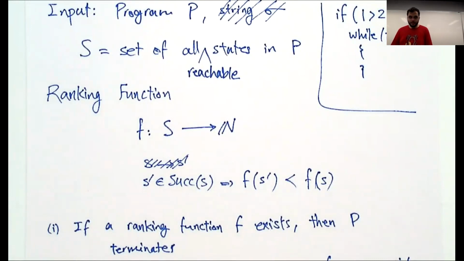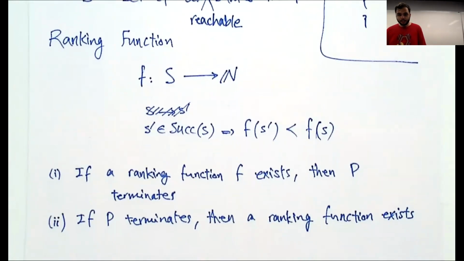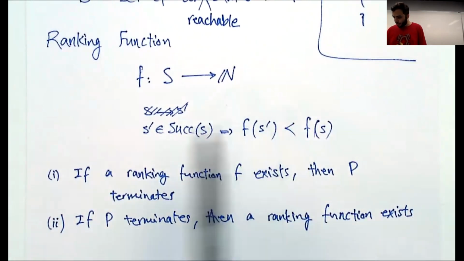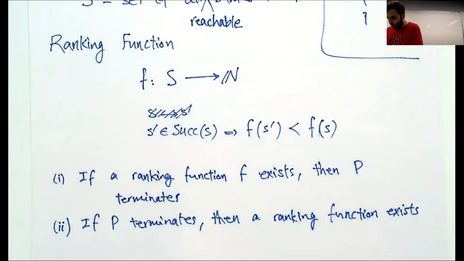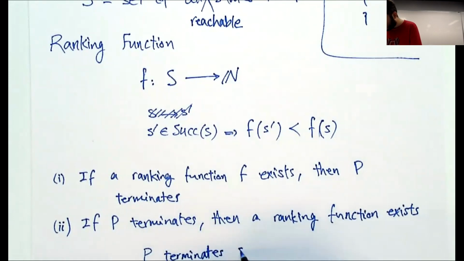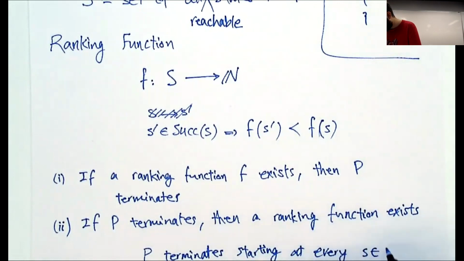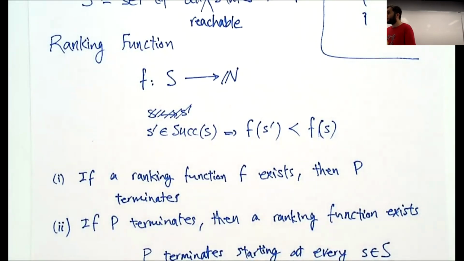And actually what helps us with this is, again, the definition of ranking function. So we just showed that if P terminates, then P terminates starting at every state S in our set of reachable states.